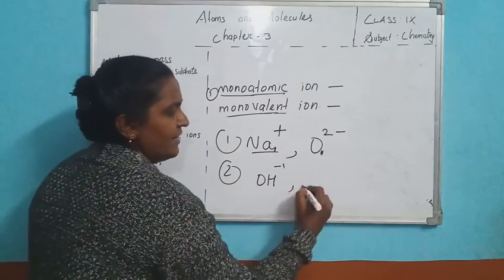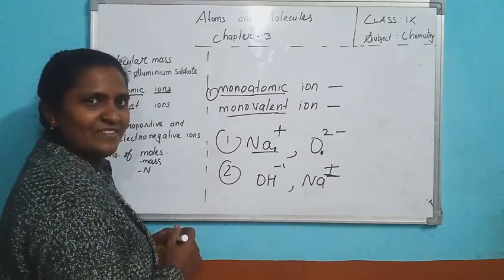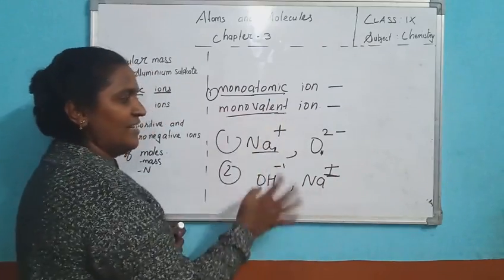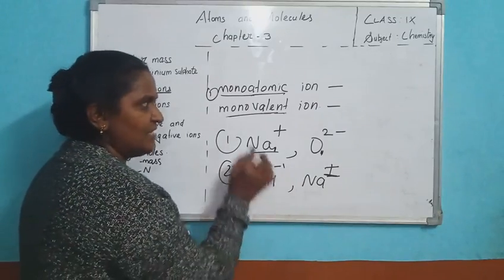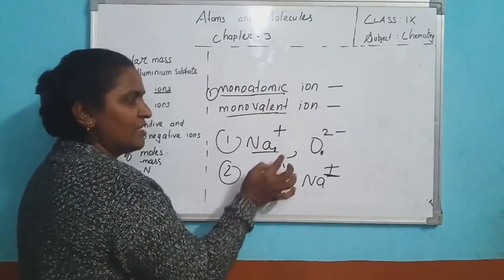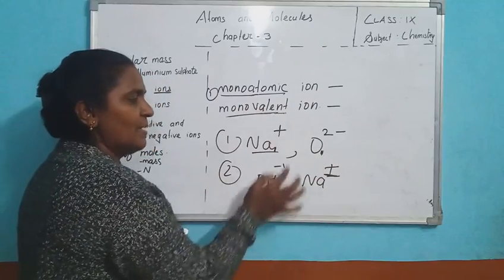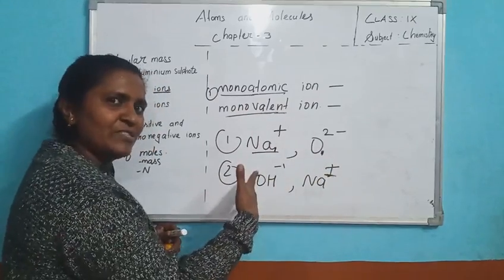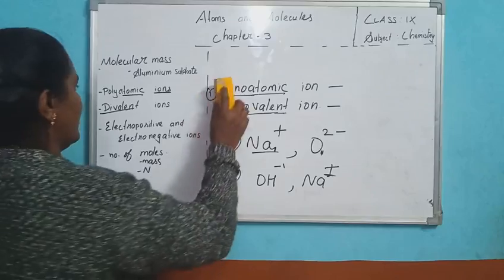And this also, Na plus. So valence is 1, that is called monovalent ion. Are you clear? Monovalent means you look at the top. Atomic means look at the base, atom should be 1. Monovalent means valence should be 1, maybe positive or negative. Clear?